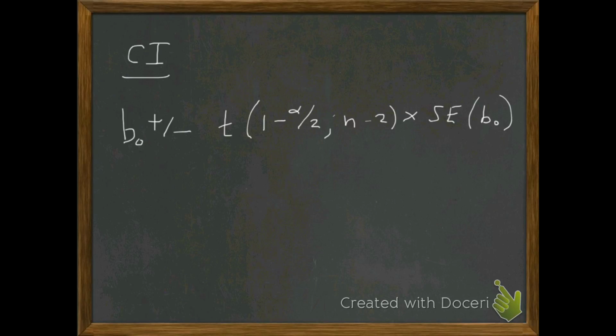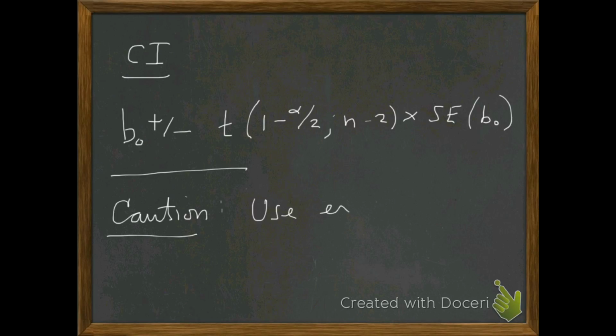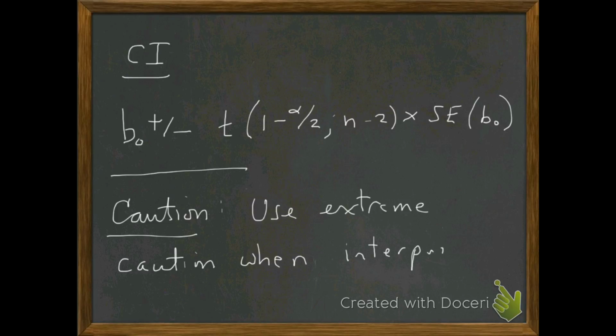Okay, so a note of caution here. We have to use extreme caution when interpreting results for beta 0.